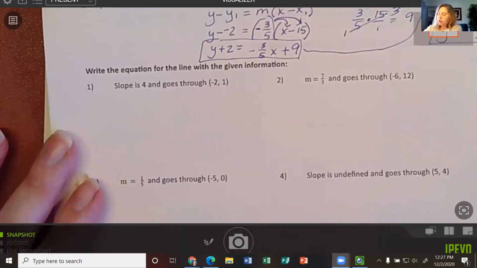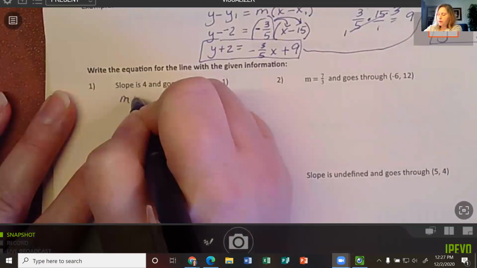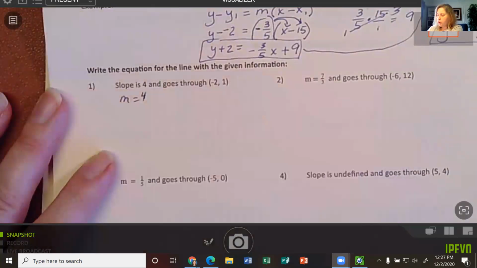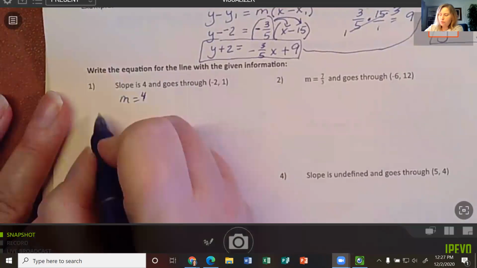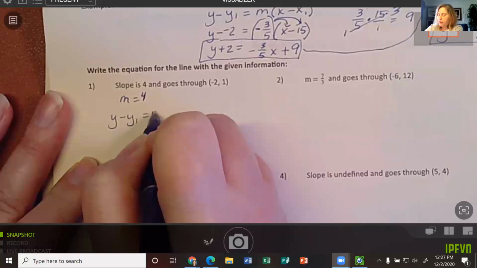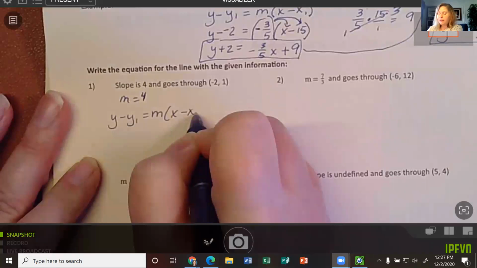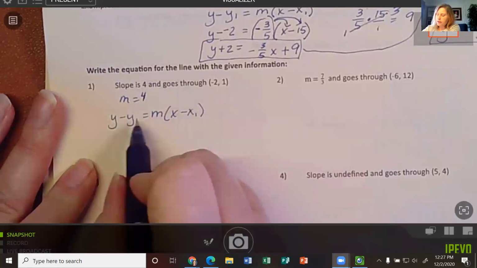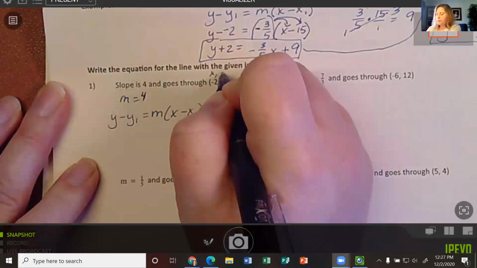Okay, number 1, our slope is 4. Okay, and it goes through the point negative 2, 1. So let's go ahead and write our point slope form of a line. Y minus y sub 1 equals m times the quantity x minus x sub 1. And then we substitute in our values. Remember, this is x sub 1, this is y sub 1.